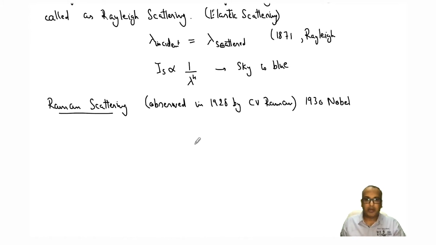If you have a molecule and you have a light which is incident, lambda incident, you have, let's say, a scattered light, lambda scattered, which is Rayleigh scattering, or elastic scattering.